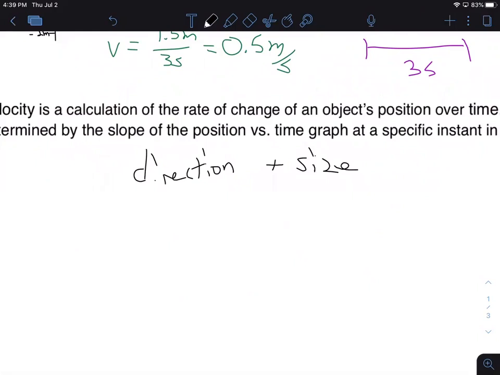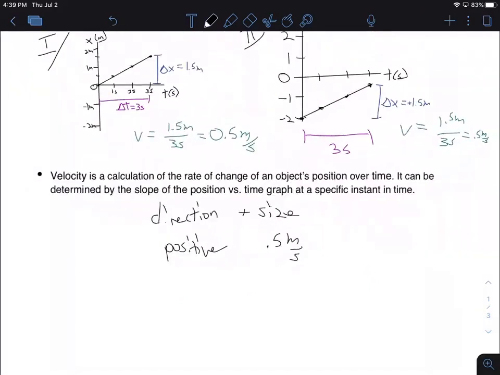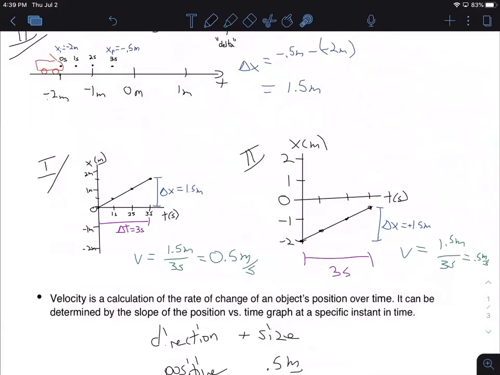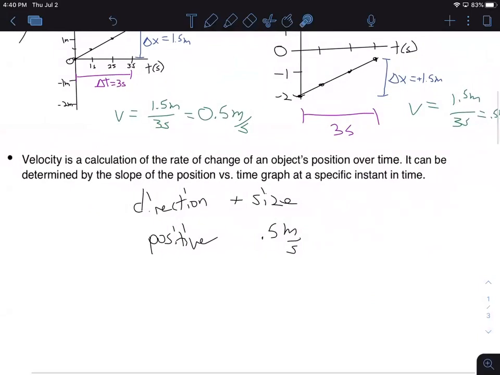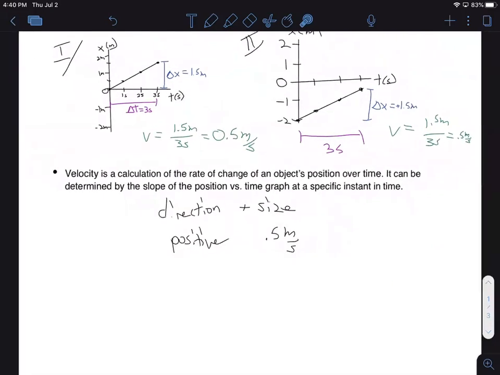The direction we could say is the positive direction, or, given our picture, you could say to the right, because we said to the right was the positive. Other words we could use for direction would be north, south, east, west, things like that, depending on the situation. If something was moving to the left at 0.5 meters per second, I would say it has a speed of 0.5 meters per second and a velocity of negative 0.5 meters per second.